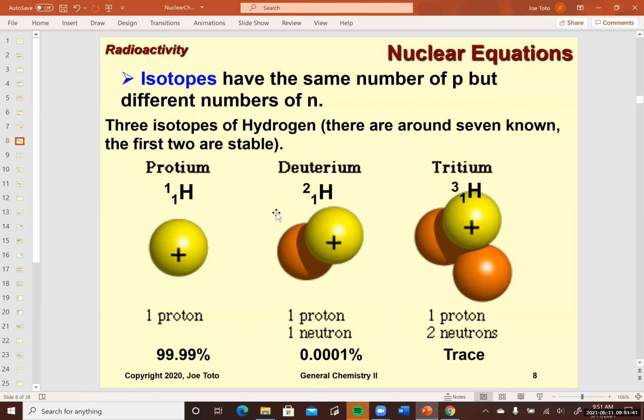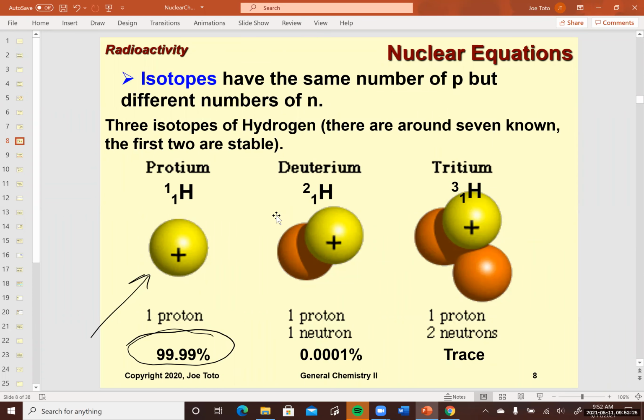So the thing about isotopes is they're the same element, which means they have to have the same number of protons, right? Because if you change the number of protons, you change the element. So all isotopes have the same number of protons, but they vary in the number of neutrons in the nucleus. So we have a hydrogen here, which has one proton and one electron. This type of hydrogen makes up 99.99% of all the hydrogen that you find naturally around the Earth.